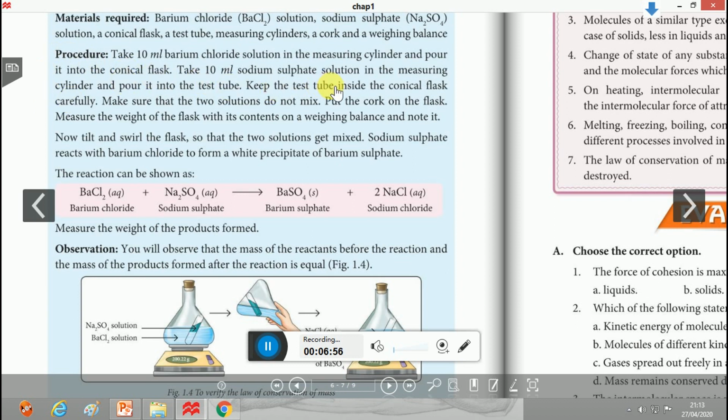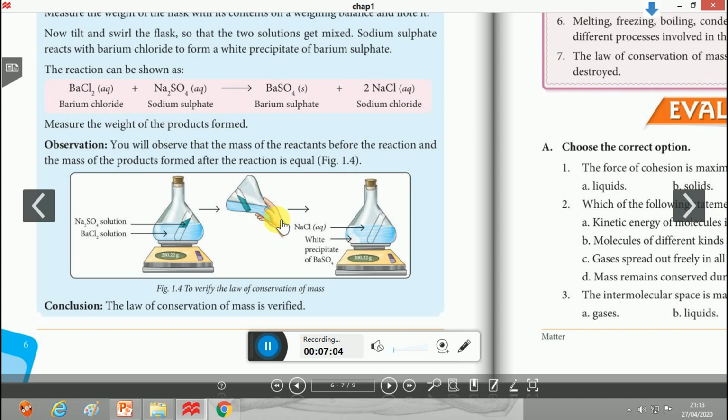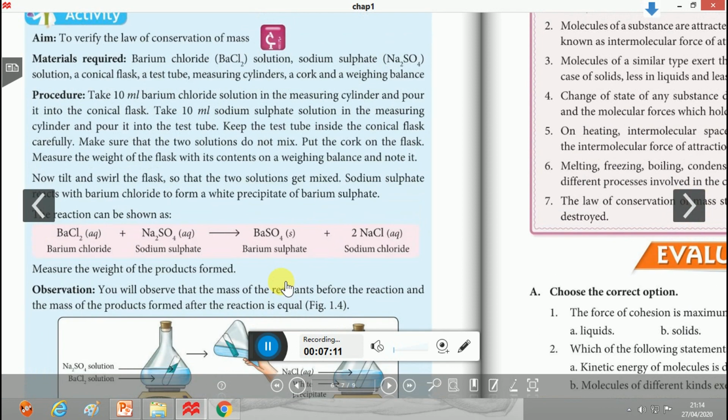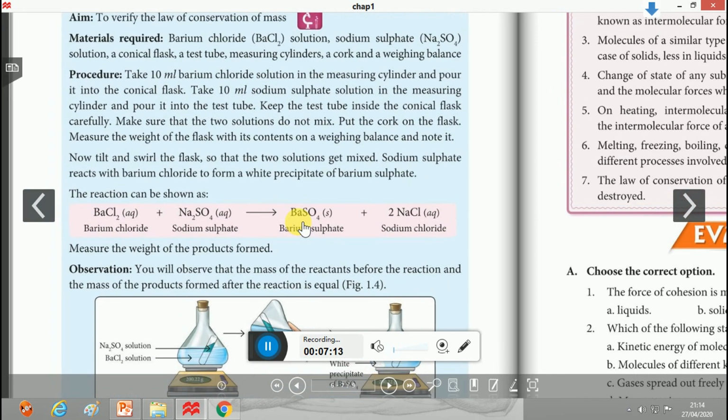Keep the test tube inside the conical flask carefully. Make sure that the two solutions do not mix. After that, you have to tilt the flask so that sodium sulfate and barium chloride react to form barium sulfate as a white precipitate.